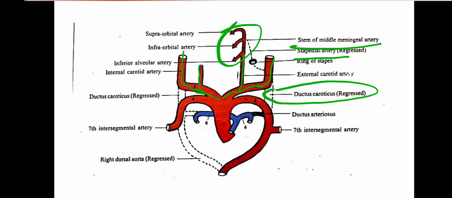Coming to the fourth arterial arch, on the right side, it is going to form the right subclavian artery, and on the left side, it is going to contribute to the arch of aorta. The right horn of the aortic sac is going to form the right brachiocephalic trunk, and the left horn of the aortic sac is going to contribute to the formation of the arch of aorta along with the fourth arterial arch and the dorsal aorta.